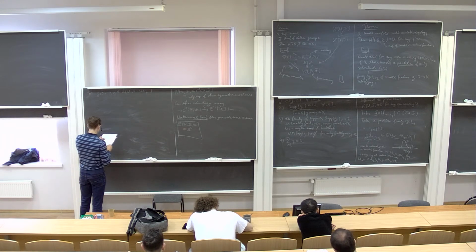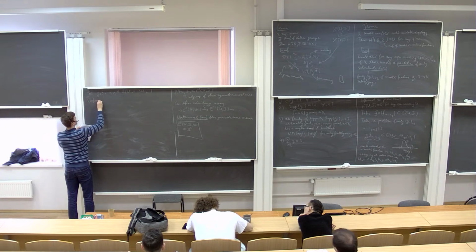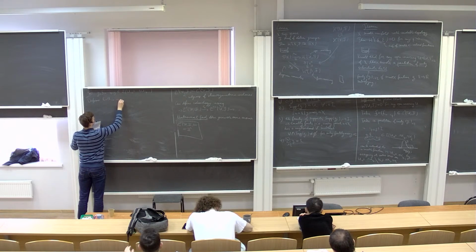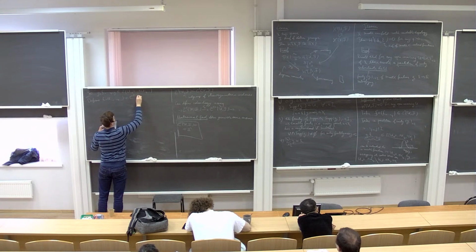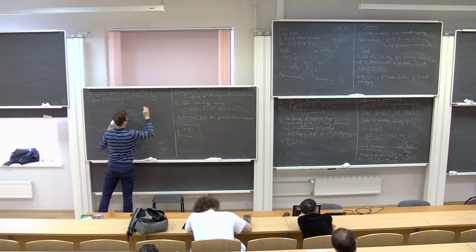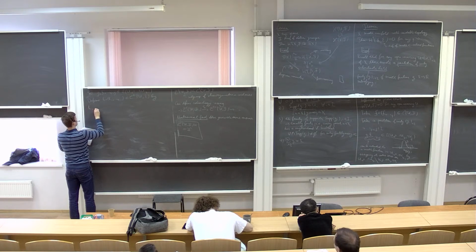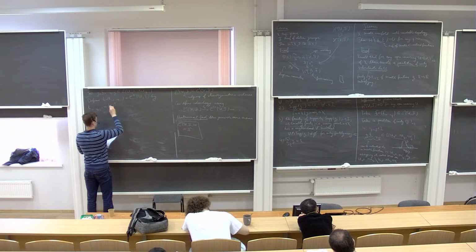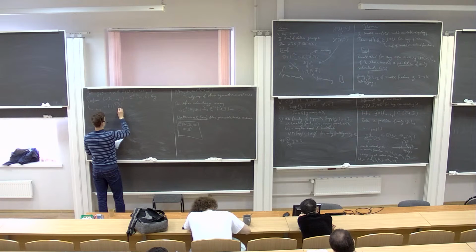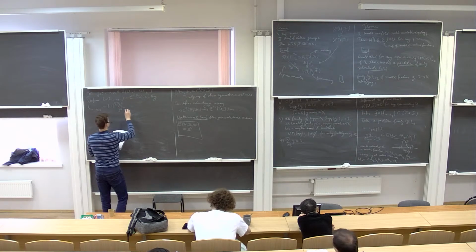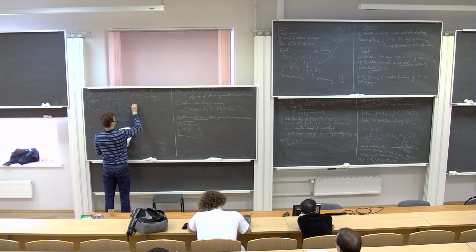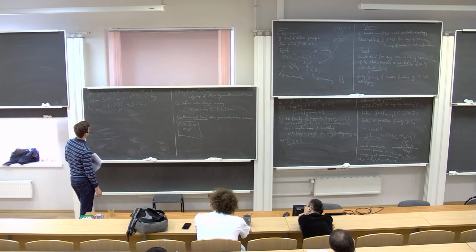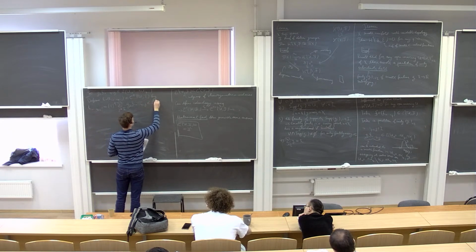Then we define a (q-1)-cochain h_{i_0...i_{q-2}} by minus 1 to the power q, the sum over all j in this set I of g_j f_{i_0 ... i_{q-2} j}. This is a smooth function on U.